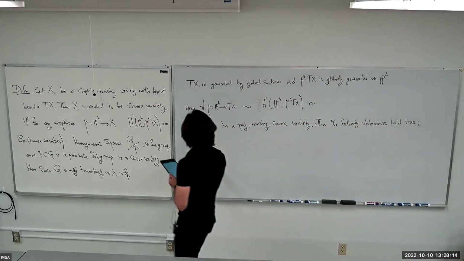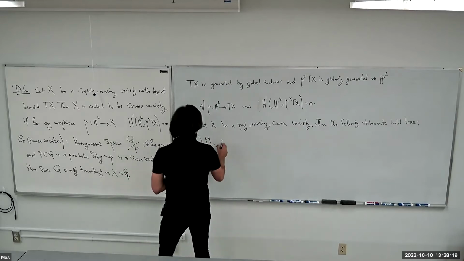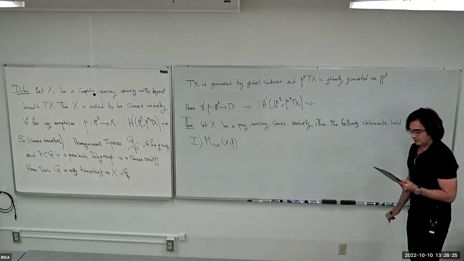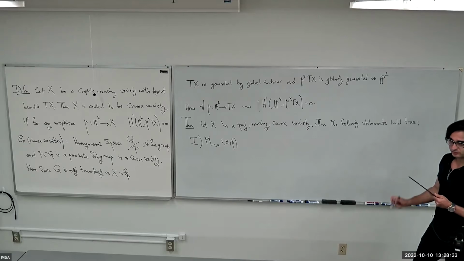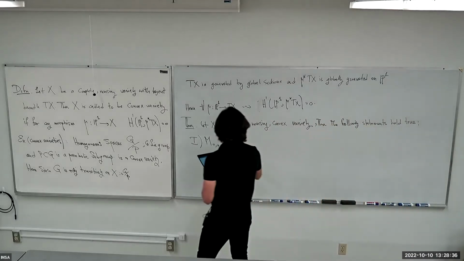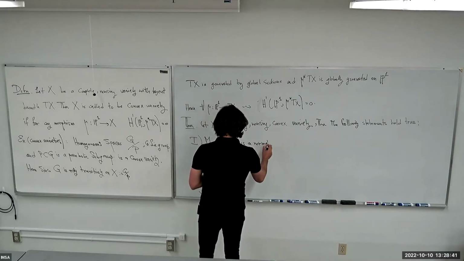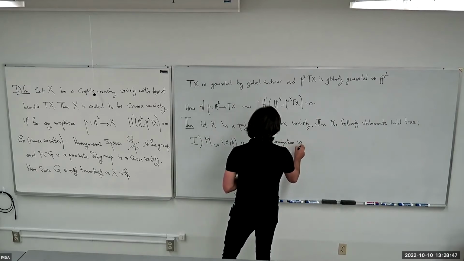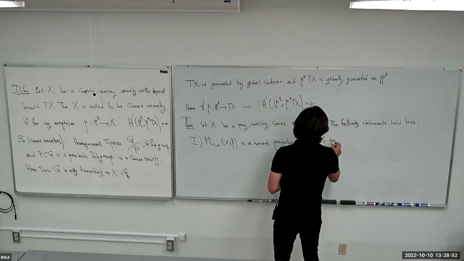One is that M0n(X, beta), the moduli space of non-singular maps from genus 0 curves with n marked points on them with homology class beta, is a normal projective variety of pure dimension.